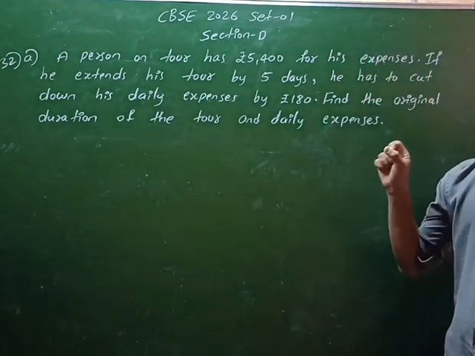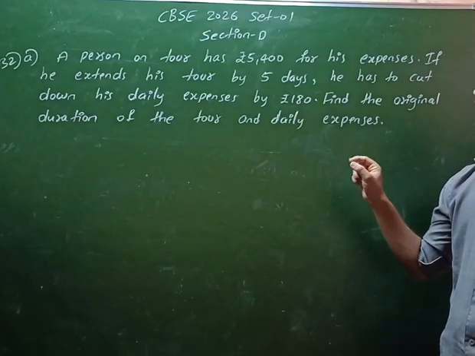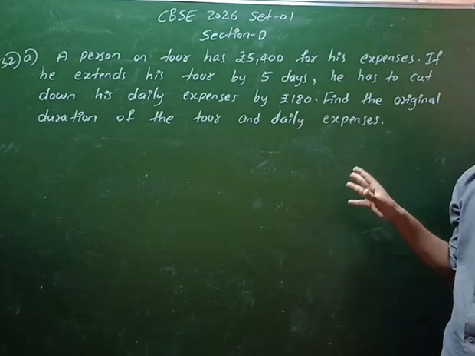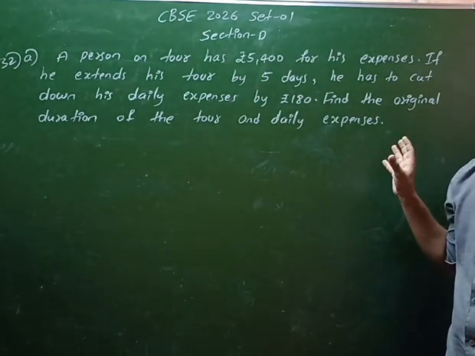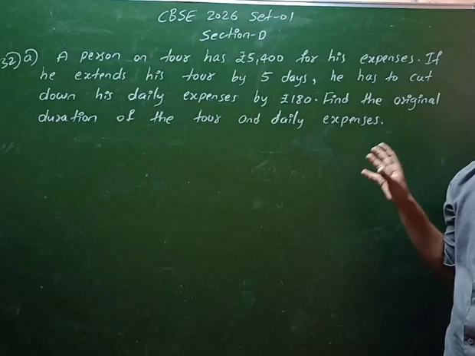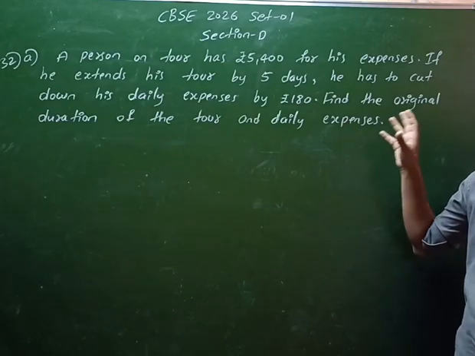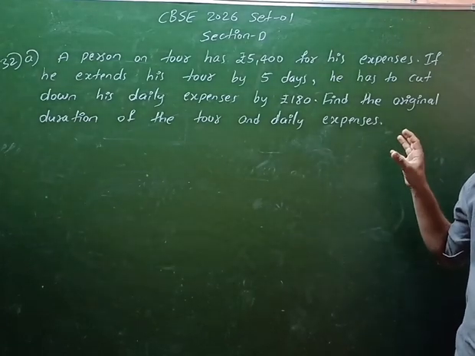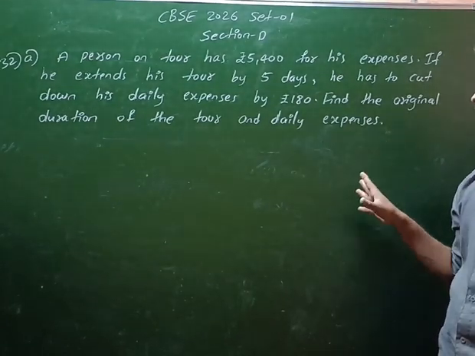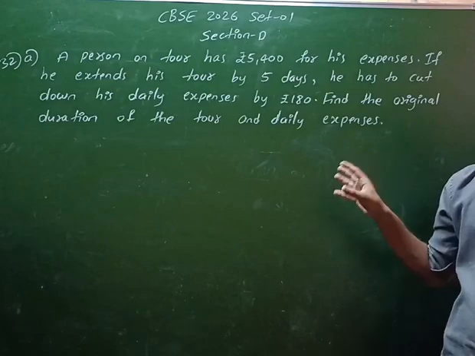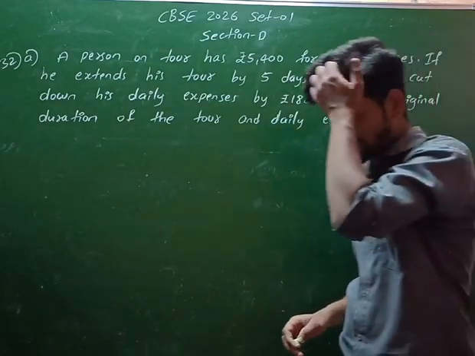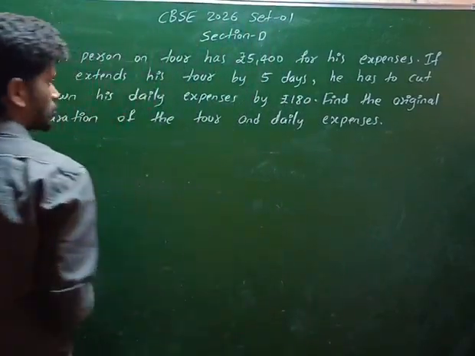A person on tour has 5,400 rupees for his expenses. If he extends his tour by 5 days, he has to cut down his daily expenses by 180 rupees. Find the original duration of the tour and the daily expenses. First of all, how many rupees does he have to spend?